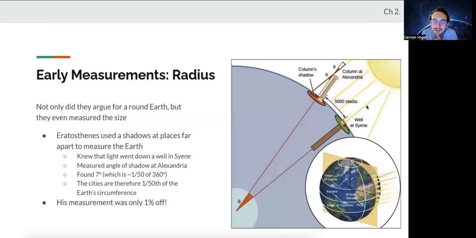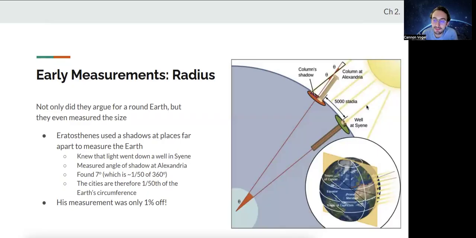And he knew that 7 degrees is 1/50th of a circle. There are 360 degrees in a circle, so 1/50th of that is 7 degrees. And so therefore, he was able to argue correctly that those two cities were 1/50th of the circumference of Earth apart.